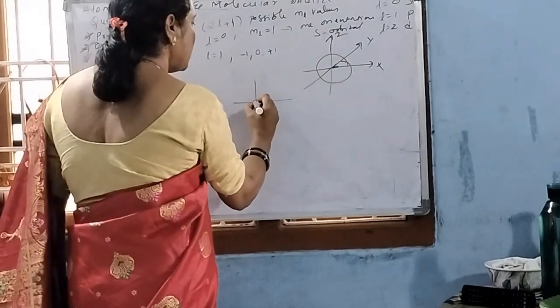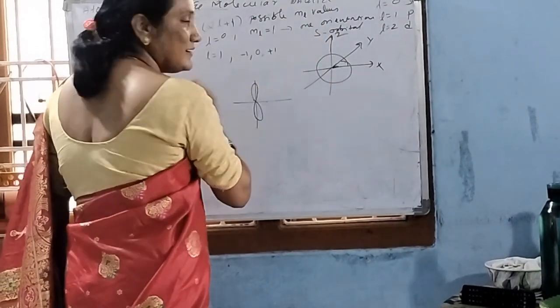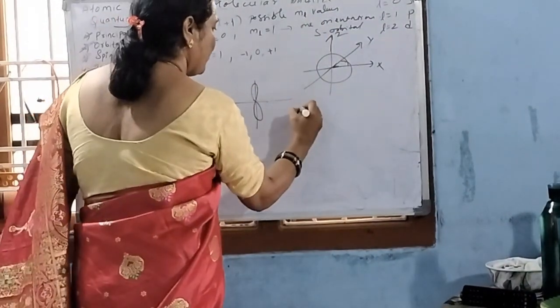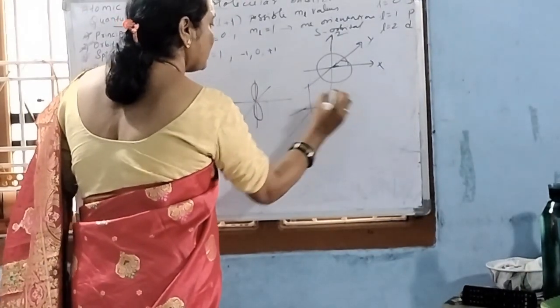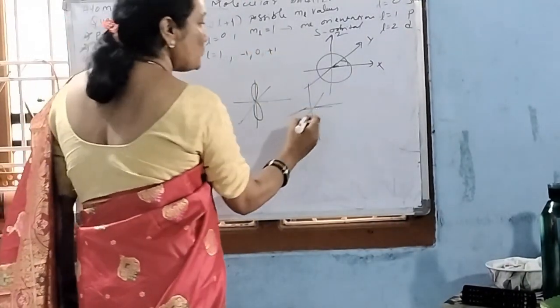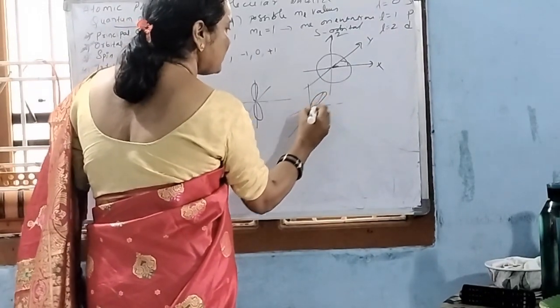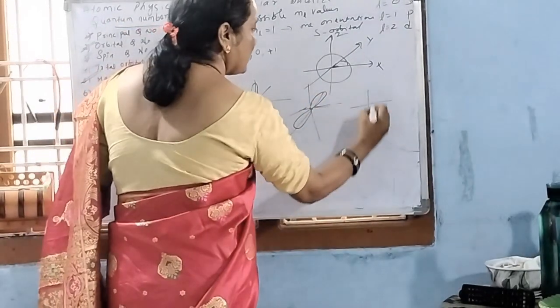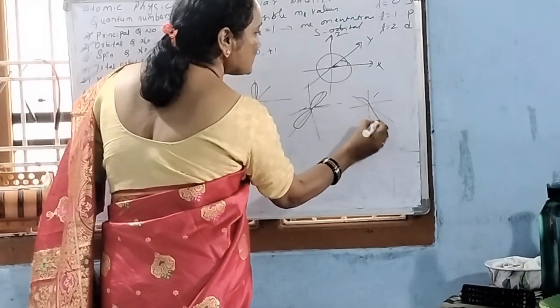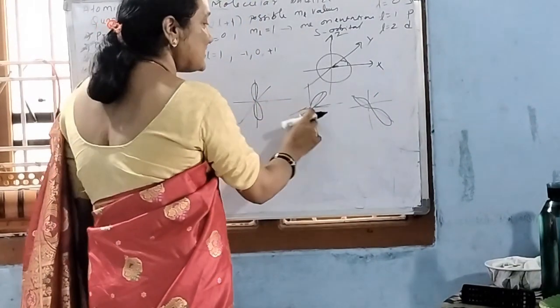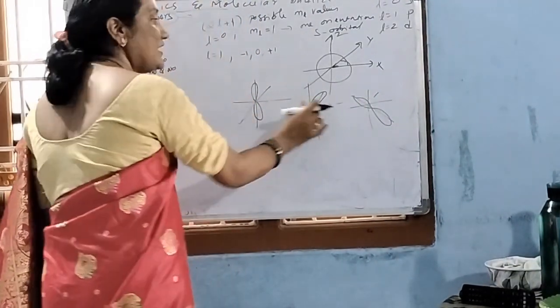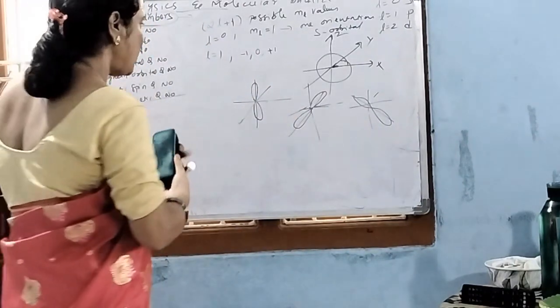For the orientations, taking 3 axes, 0, then plus 1 in such a way, and minus 1 in such a way. P orbitals are dumbbell shaped, and in such a way we will have 3 orientations.